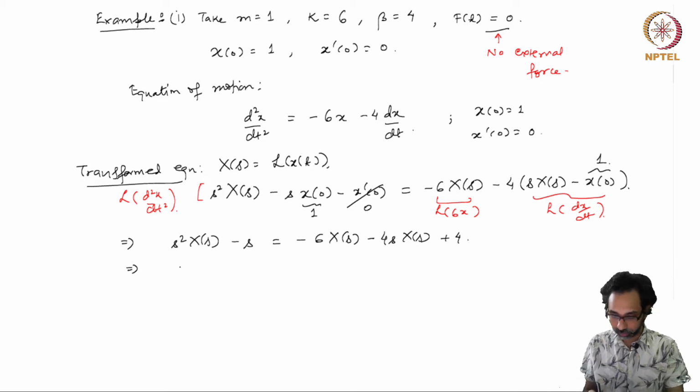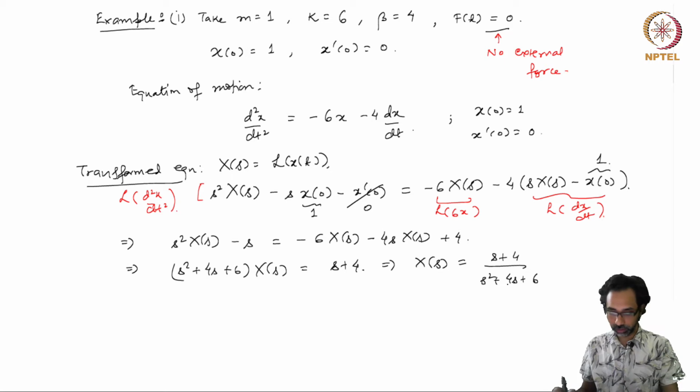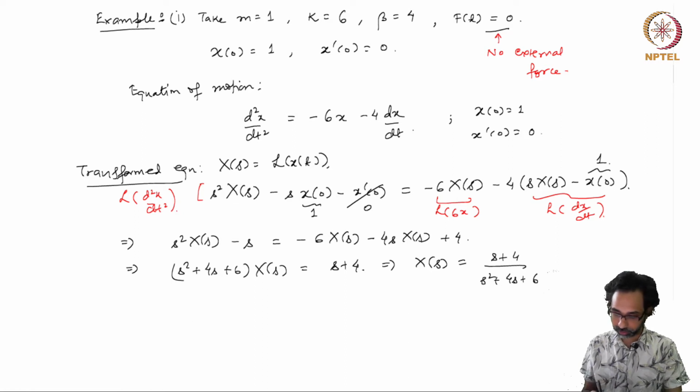Therefore, if we collect the terms with X(s) on the left side, we get (s square plus 4s plus 6) X(s) equals s plus 4, and this gives you X(s) equals s plus 4 over s square plus 4s plus 6. Now we can use partial fractions, or we can simplify also.